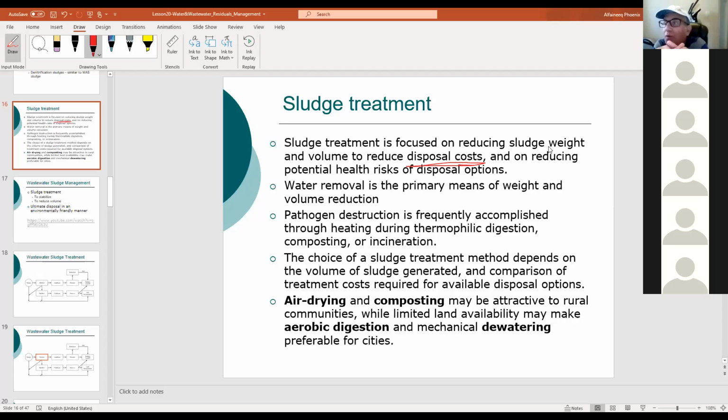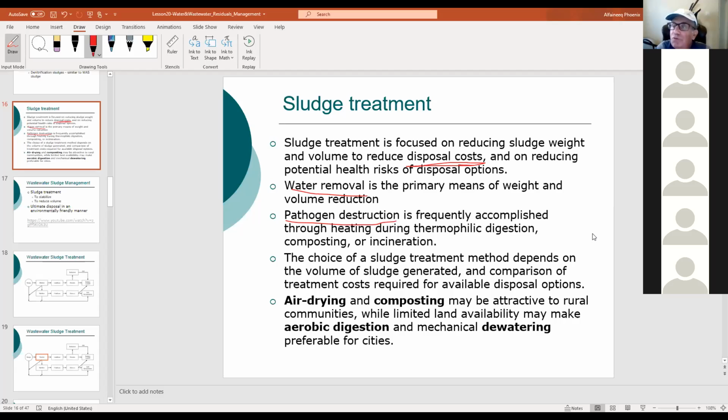If you remove water, you reduce a lot of the volume and weight of the sludge, and you pay less money. Plus, you make sure you get rid of microorganisms because many of them might be pathogens, carrying disease-causing bacteria. So water removal is the goal here, and pathogen destruction.